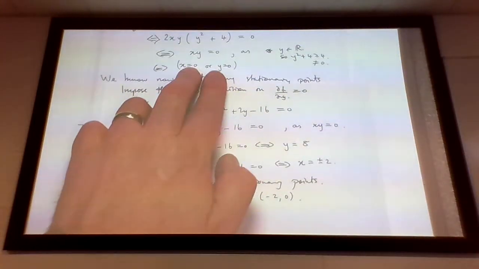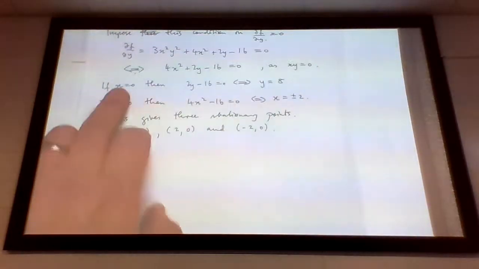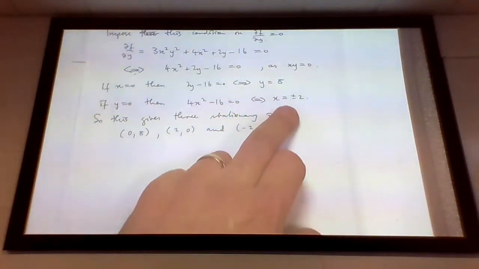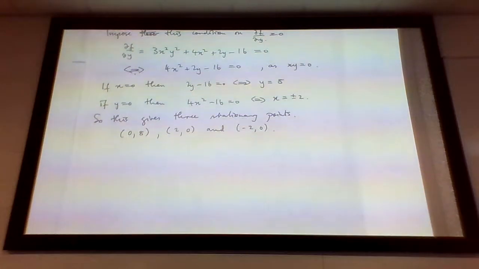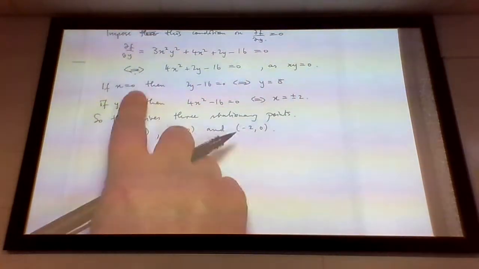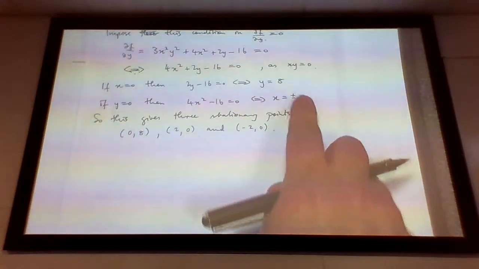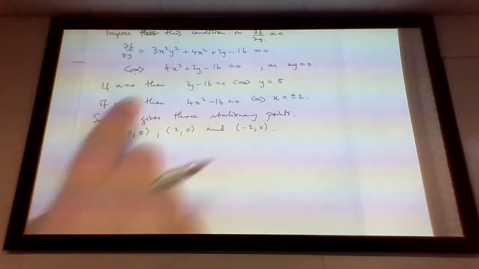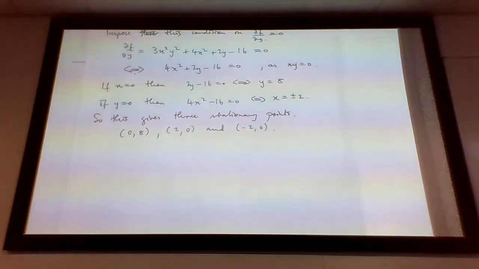The subcases are x is 0 or y is 0. And in each of those 2, I do find some surviving cases. Okay? And this gives me my three solutions. 8 paired with 0, and plus or minus 2 paired with 0. And is that what the question says? Yeah, 0, 8, 2, 0, minus 2, 0.